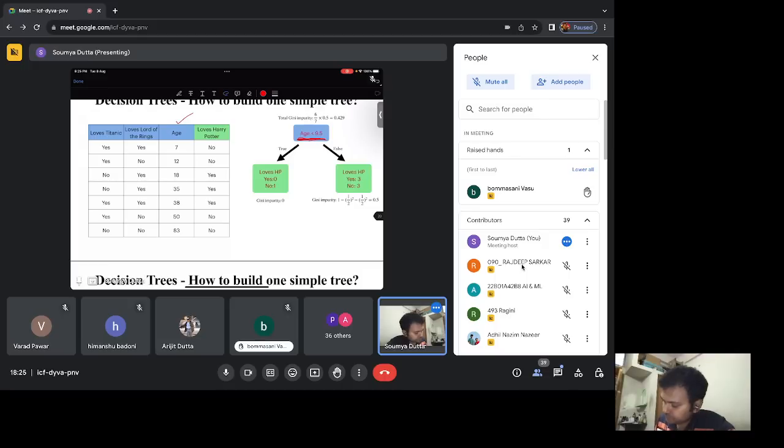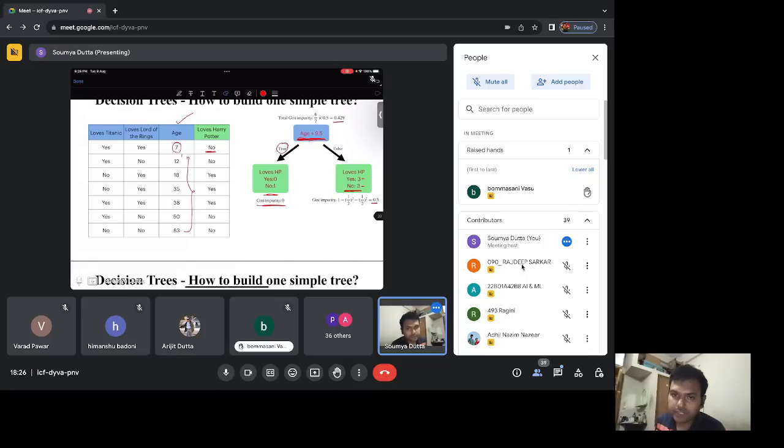That means you have only one point in the true case, and all the other 6 values will come in the false case. The Gini impurity of the one value is again 0, and all the 6 values go into this particular node, equally distributed as 3 and 3, and the Gini impurity index is highest in this case, which is 0.5.